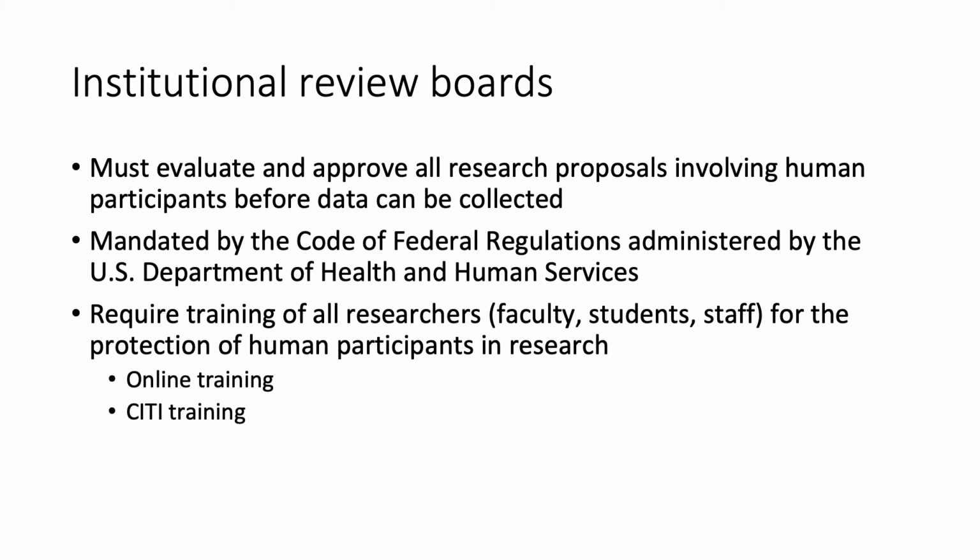This requires training for the protection of human participants in research for all researchers: faculty, students, staff, anyone working with or interacting with human subjects. Individuals who will have access to identifiable private information also have to go through training. This is about knowing the background and ethics of research.